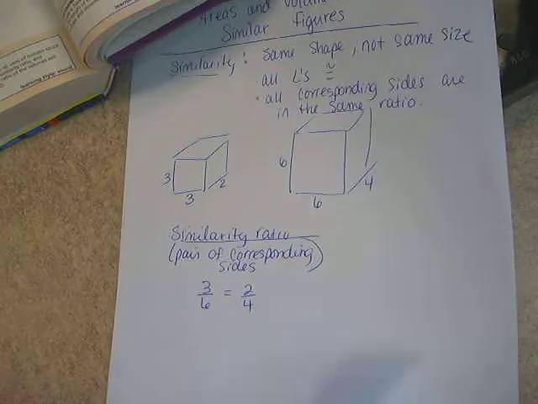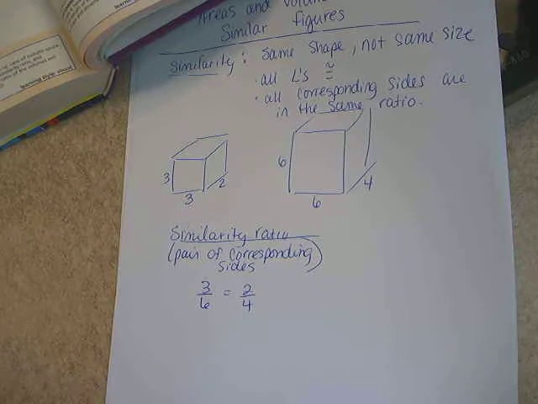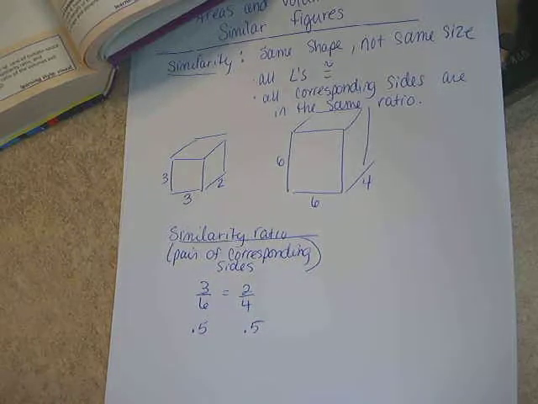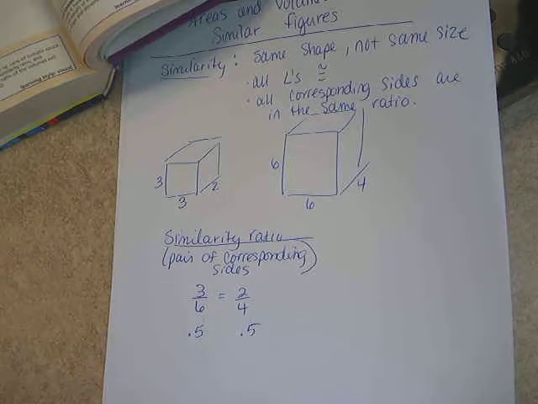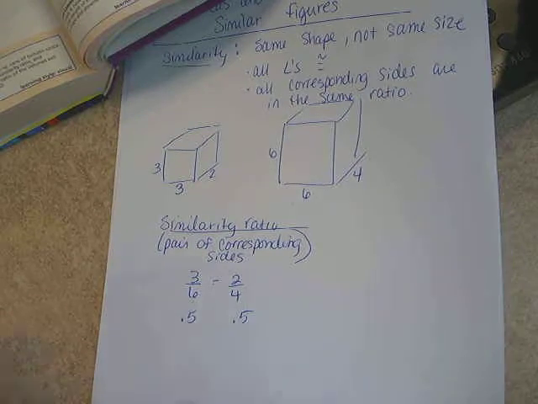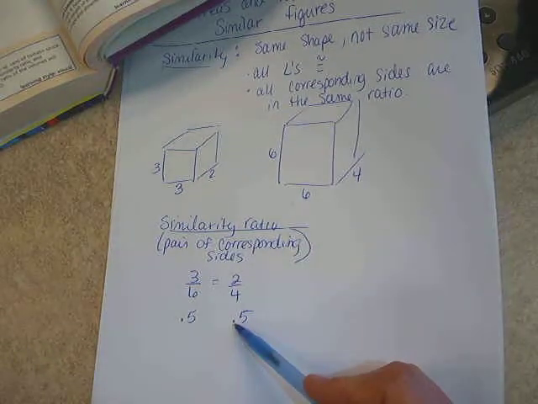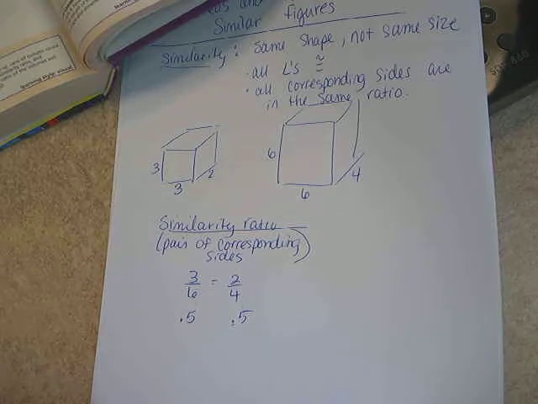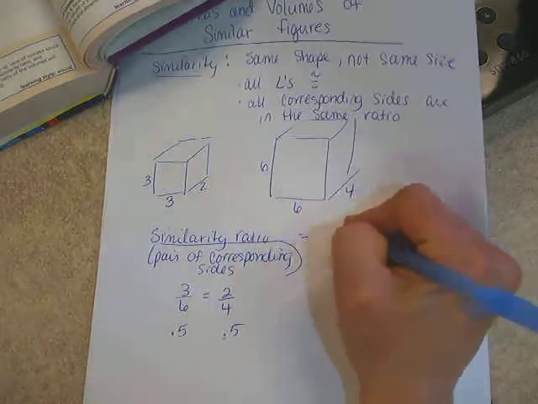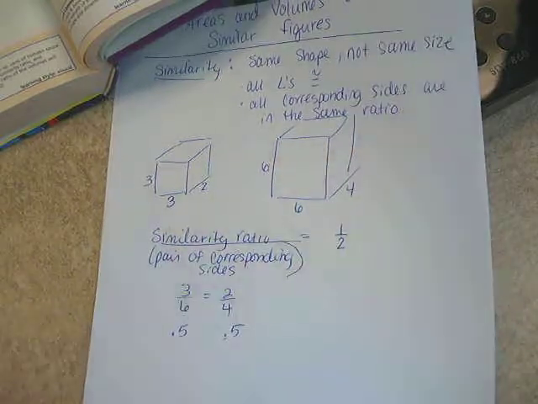And you can either cross multiply on those, or you can turn them into a decimal if you're just simply checking for similarity. This is half, and so is that. So if you check for your decimal, 0.5, they should turn into the same decimal when you do top divided by bottom. But if we wanted the actual similarity ratio, we want the simplified ratio, not a decimal.